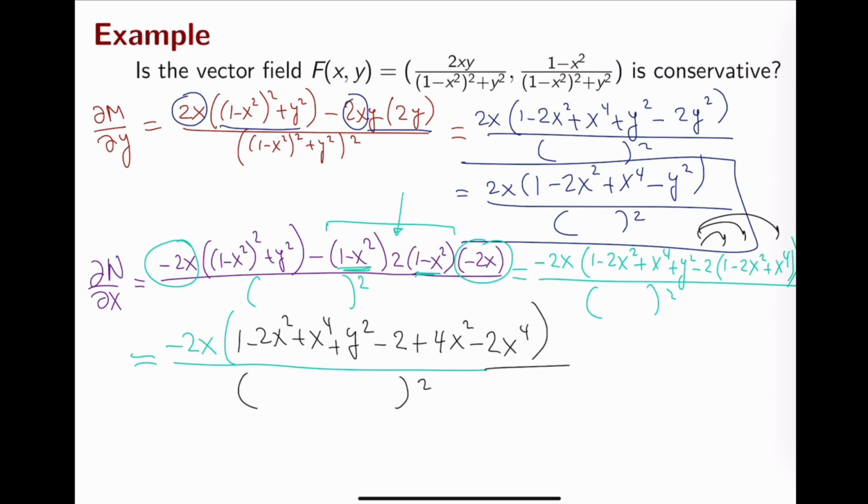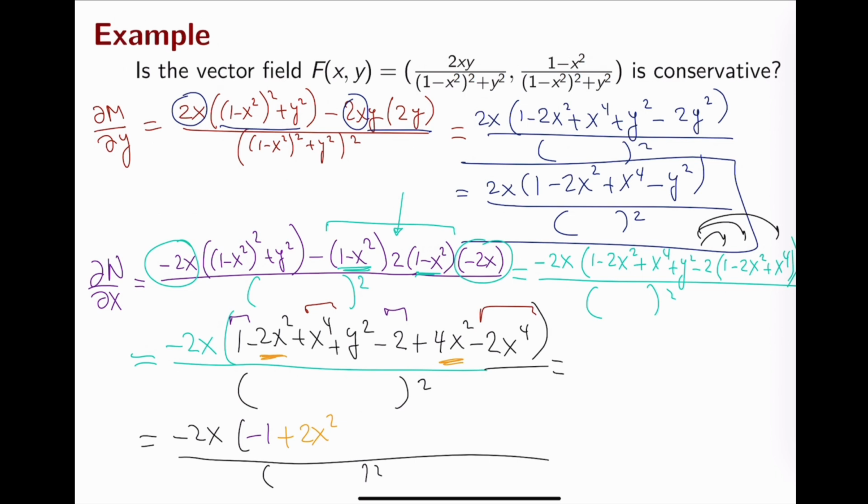And divided by this square. So let's start putting together common terms. In numbers we have 1 minus 2, that is minus 1. For x squared we have 4x squared minus 2x squared, which is plus 2x squared. For x to the 4 we have this one and this one. That will be minus x to the 4. And the remaining is just y squared here, and that's it.